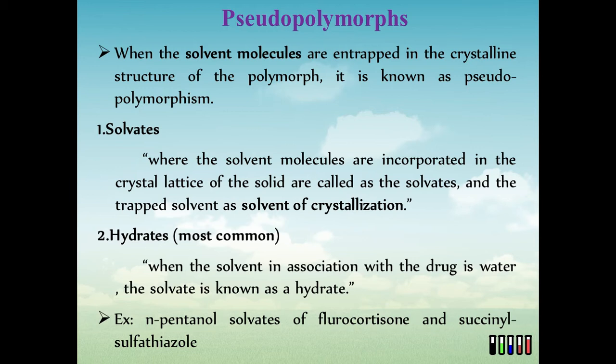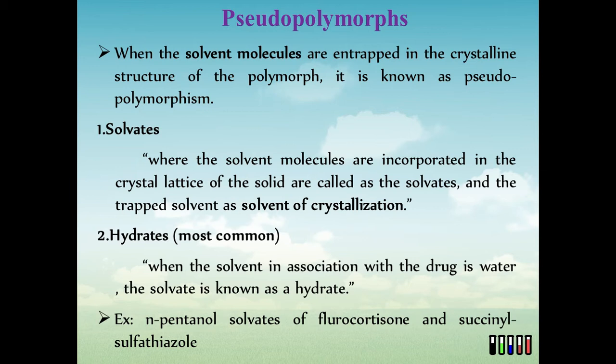Firstly, the solvates: where solvent molecules are incorporated in the crystal lattice of the solid, it is called a solvate, and the trapped solvent is the solvent of crystallization. In that case, any solvent other than water, if entrapped in a crystal lattice, gives a solvate, and the entrapped solvent is the solvent of crystallization.